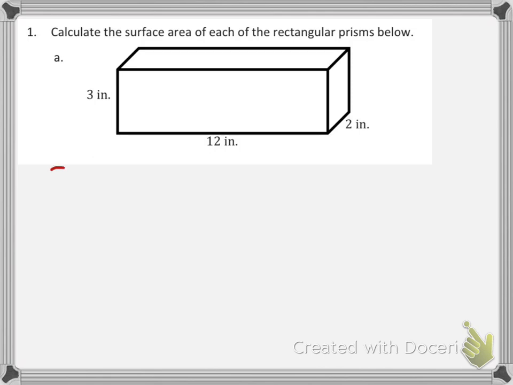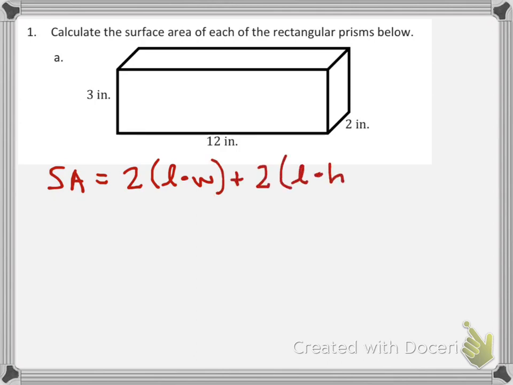It's a little more confusing, but surface area is going to be equal to 2 times the length times the width plus 2 times the length times the height plus 2 times the width times the height. And when we fill in those lengths and widths and heights, we'll get our surface area. So I'll show you how this works, and you can use it if you want, but I think front, back, top, bottom, right, left is a little easier to visualize and make sure you don't make a mistake.